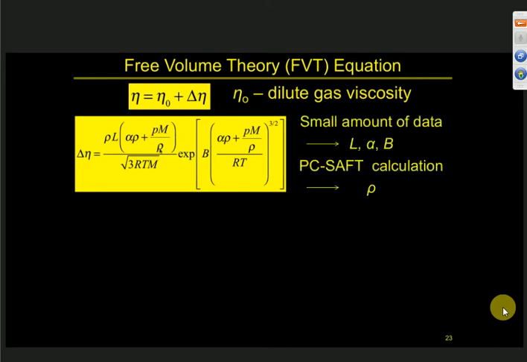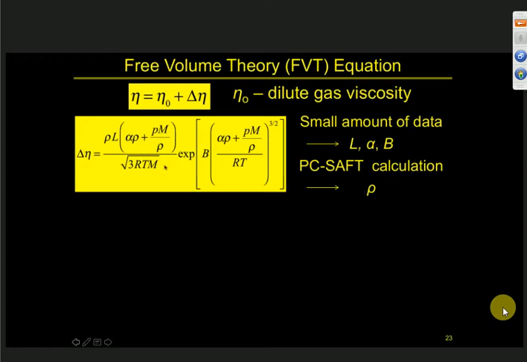So the advantage of this modeling is, if you have a small amount of data, let's say a couple of isotherms for viscosity, then you get your L, alpha, B by correlating to the experimental data using PC-SAFT or Peng-Robinson as a density input.